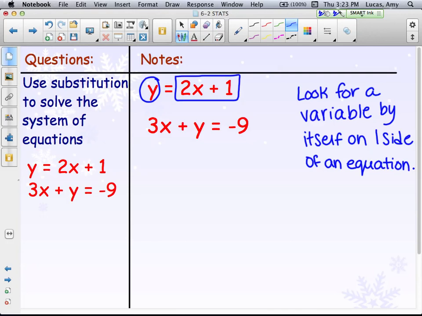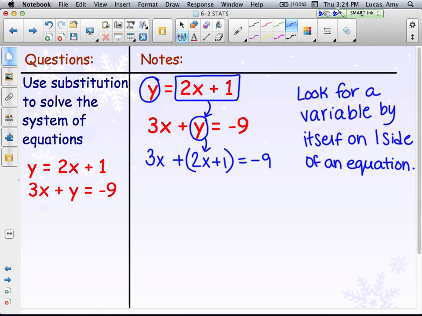So what that means is that y has the same value as 2x plus 1, so where the other y is, I can replace it with 2x plus 1 because it has the same value. So now in my system, I'm going to have 3x plus, and where this y is, I'm putting in 2x plus 1, and then it equals -9.